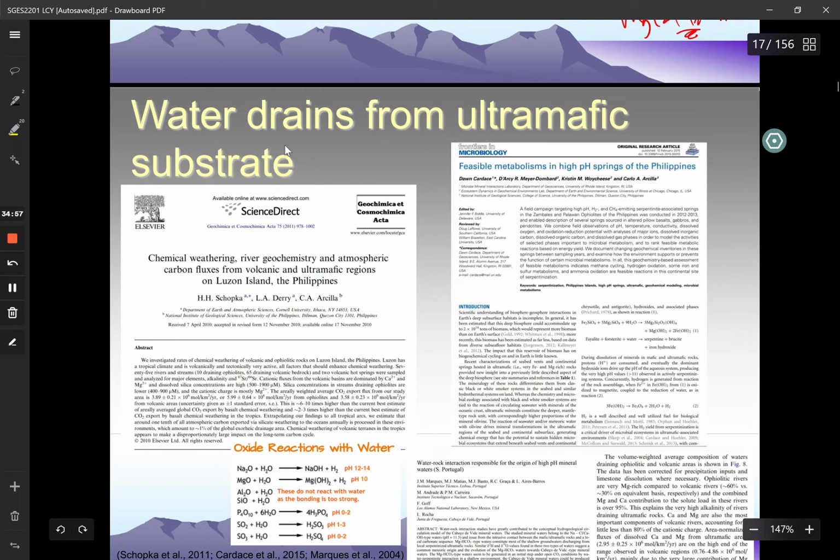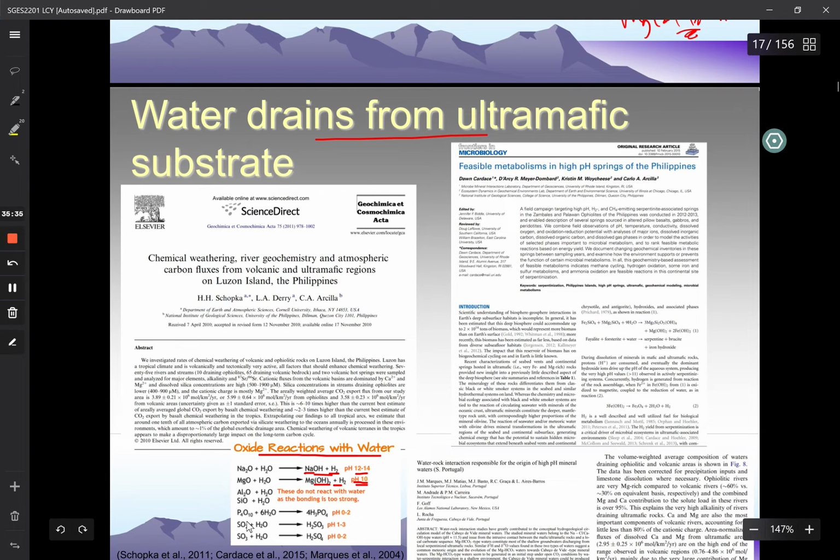So here you have examples of oxide reactions with water. For example, sodium oxide reacts with water and what you get is sodium hydroxide, and because of these hydroxides in the water, it will increase the pH of the solution.